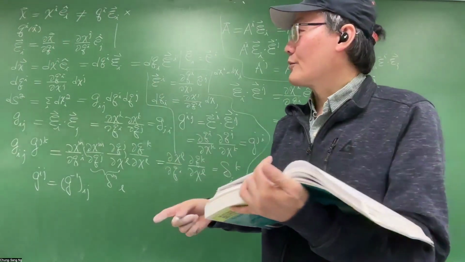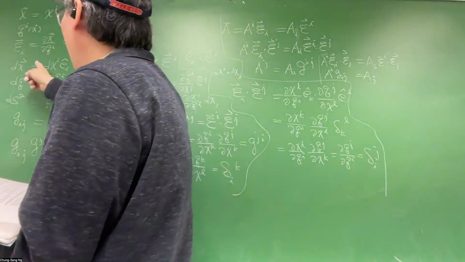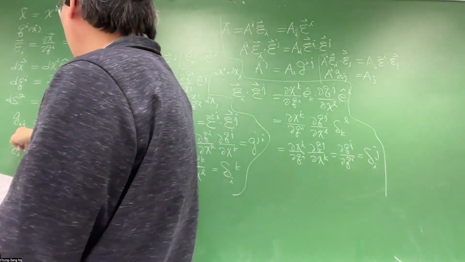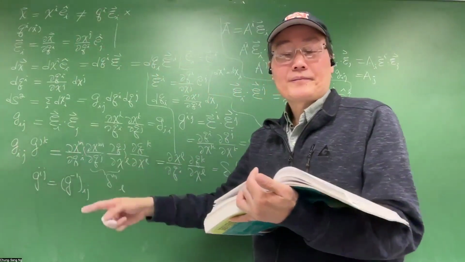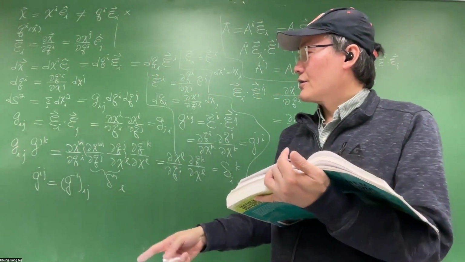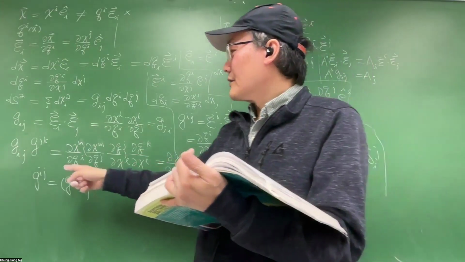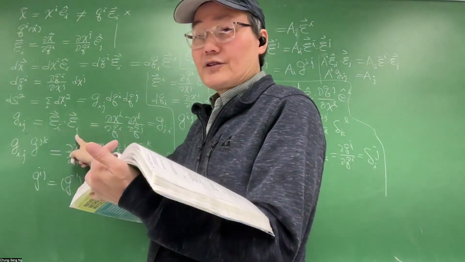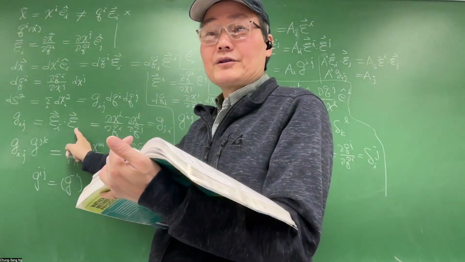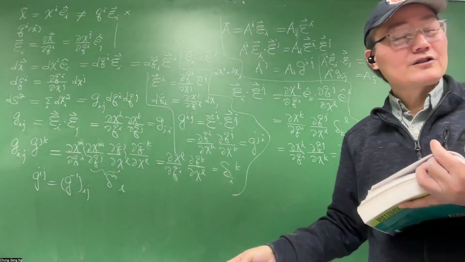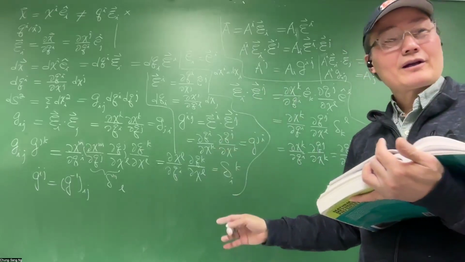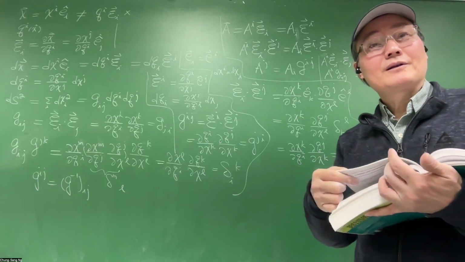They can have off-diagonal terms. Therefore, this G_ij can have off-diagonal elements. But for curvilinear coordinates, the off-diagonal elements are 0 because they are perpendicular to each other. So only the diagonal of the metric tensor has non-zero elements.